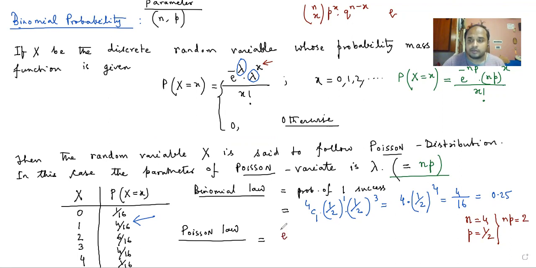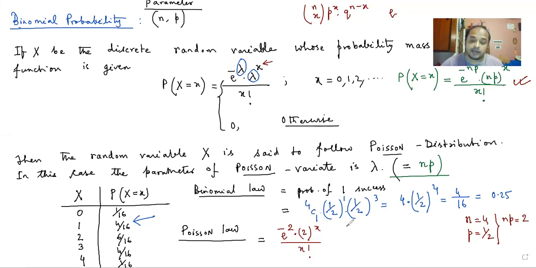So someone thinks, let us not apply the binomial probability law, let us apply the Poisson probability. If he does so, he will be writing e to the power minus 2 and 2 to the power x by x factorial. This is his probability formula.